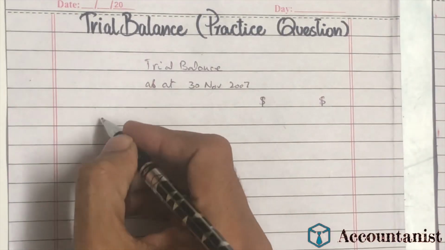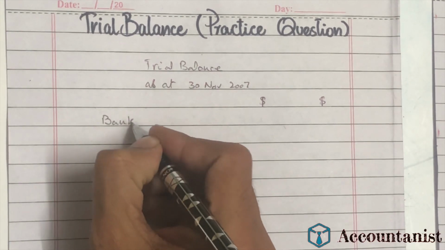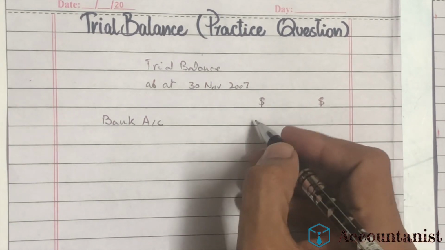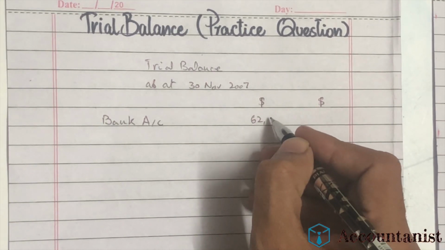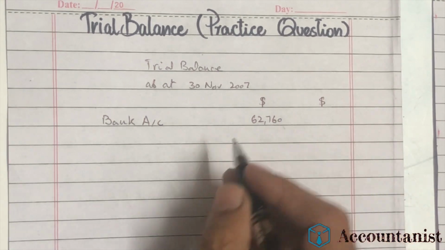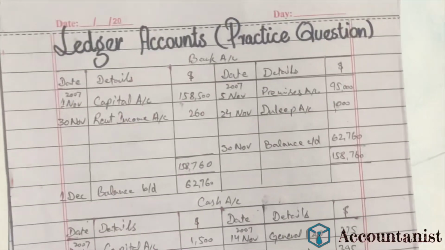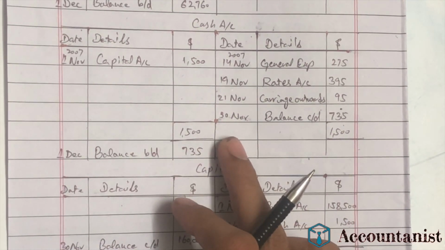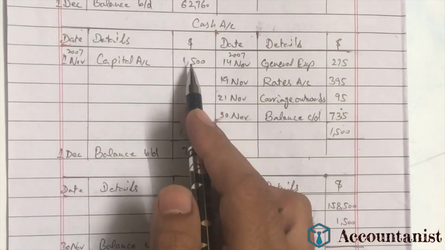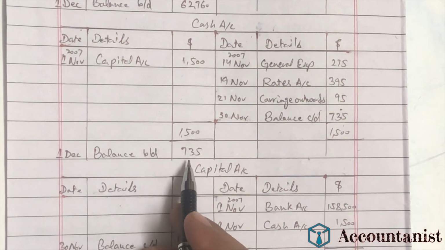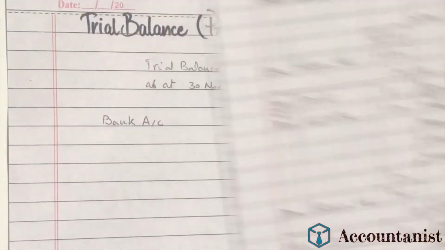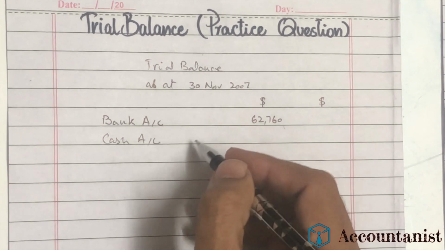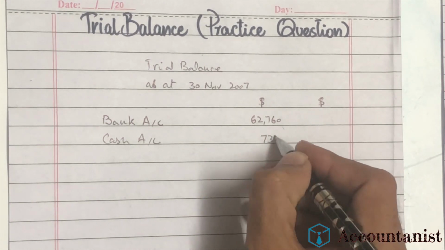The first account is bank account, and it has a debit balance of 62,760. Now the second one after this, we have a cash account, and it also has a debit balance of 735. So I will write down cash account, and the amount will be 735.